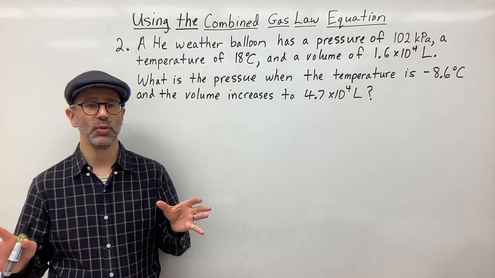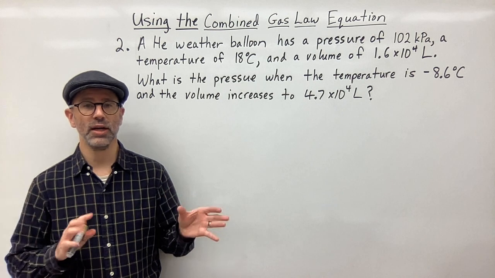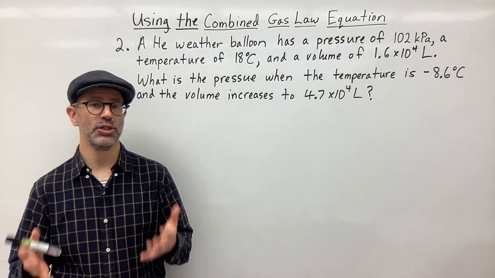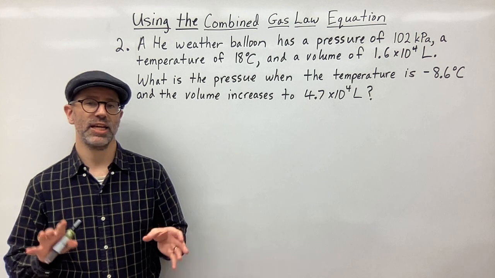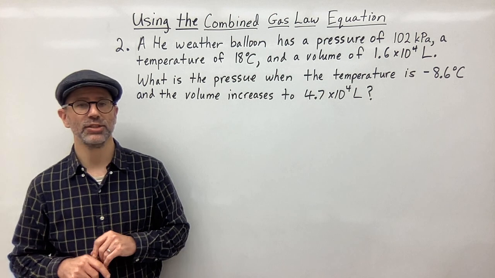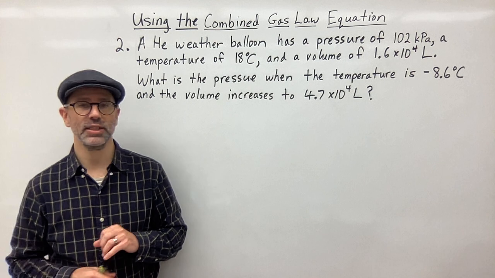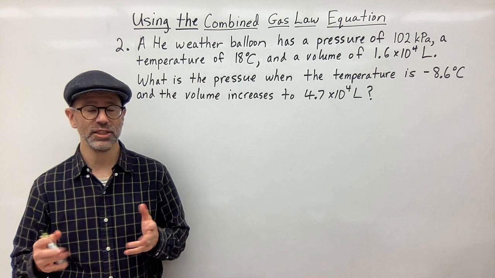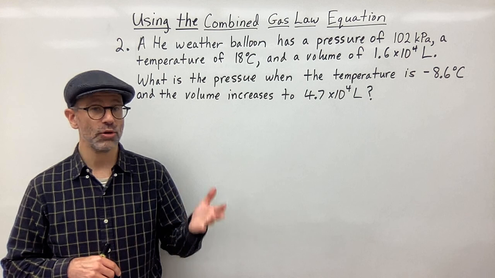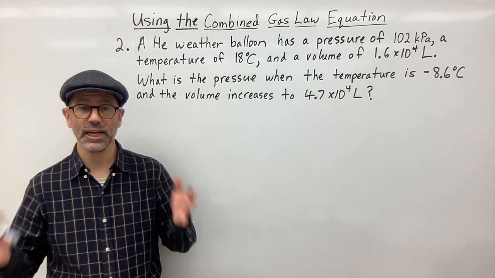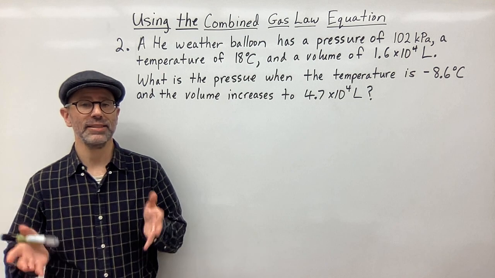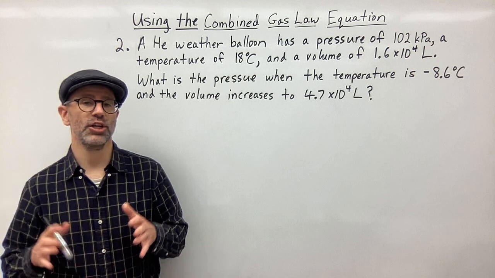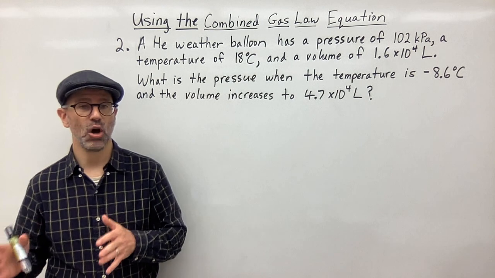To determine whether you're going to use one or the other, you have to look at the problem and say, is there a change in any of the conditions of the gas? Is temperature changing? Is volume changing? Is the amount of gas changing? Or is more than one changing at the same time? Anytime there's a change, you're going to use the combined gas law equation.